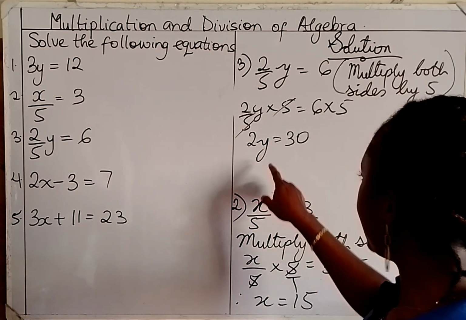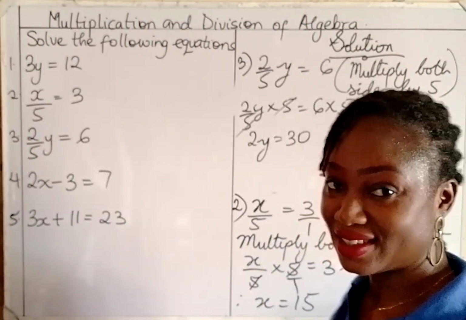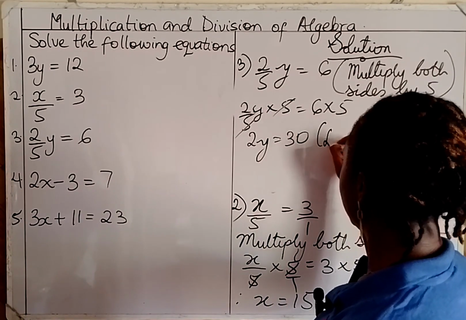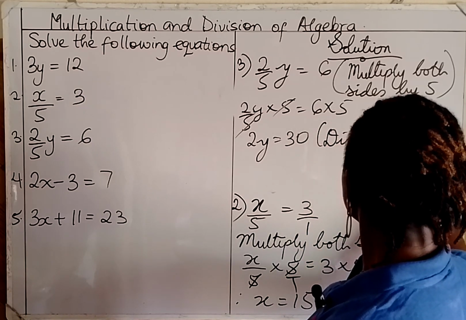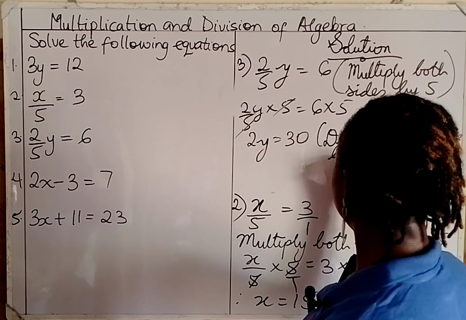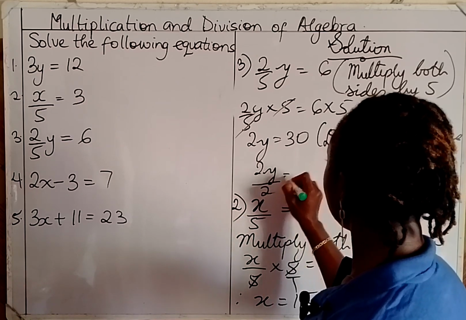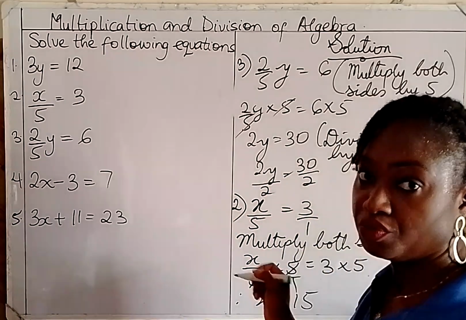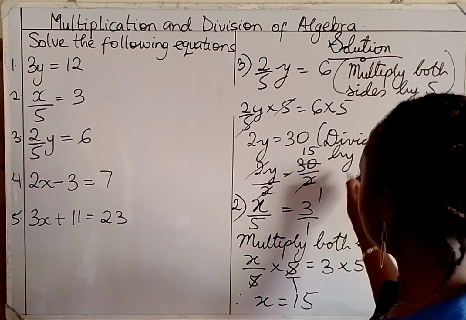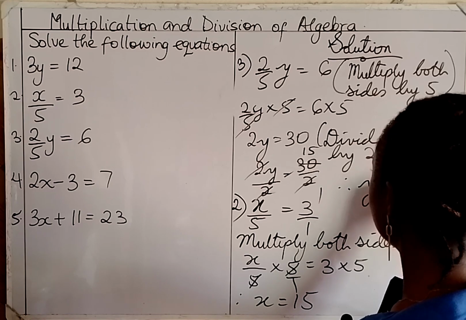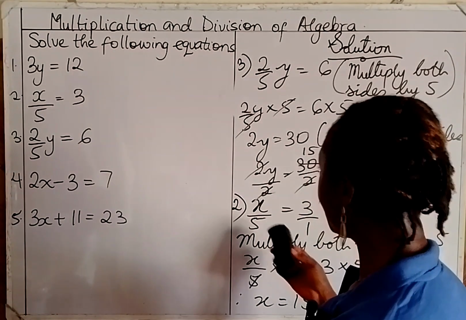This question is similar to our first question, isn't it? So here we divide both sides by 2. We have 2y divided by 2 equals 30 divided by 2. 2 into 2 is 1, and 2 into 30 is 15. Therefore, y equals 15. And there you have it for question 3.